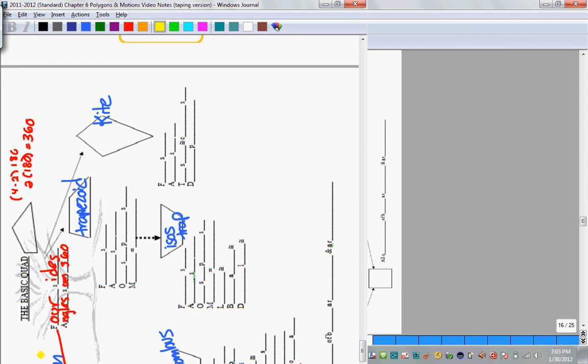So technically, all four of these shapes here on the left are parallelograms. They all share the qualities of a parallelogram. A rectangle, a rhombus, and a square are a specific type of parallelogram. So obviously, a parallelogram is really important, so we're going to focus in just on a parallelogram for this lesson.